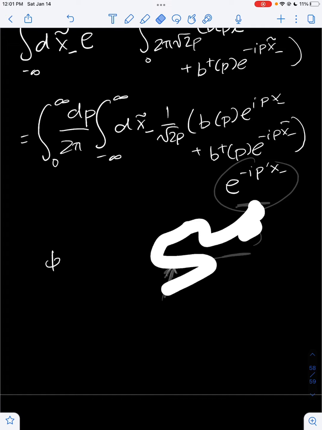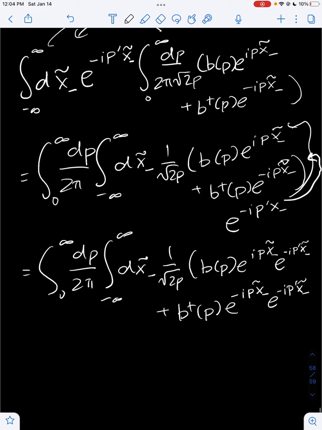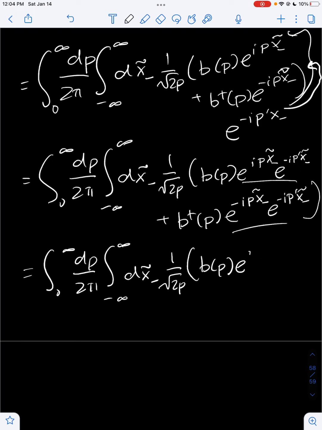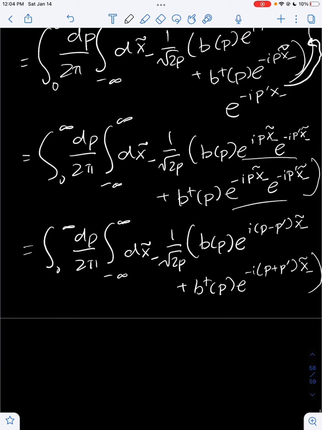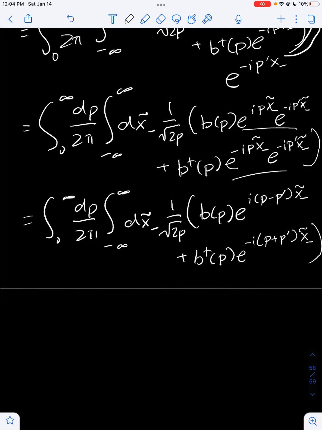So that's how we add that exponential there. And it's being multiplied by that, so we can just distribute this inside. So now we can simplify that part. That'll give us this. So we get this right over here. And this is where the Fourier transform can finally be done.